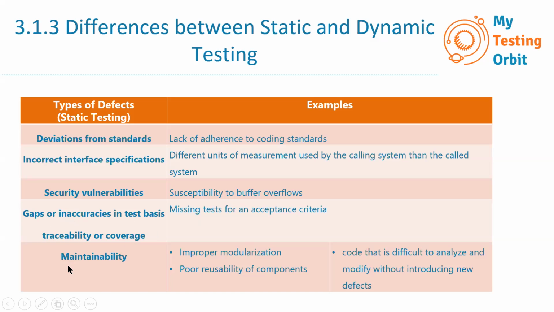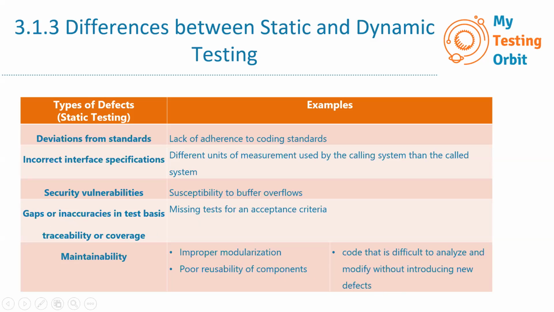The last point over here is maintainability. So in maintainability, what are the examples? Improper modularization, as we already covered, how the modules need to be independent of each other wherever possible, poor reusability of components, code that is difficult to analyze and modify without introducing new defects.